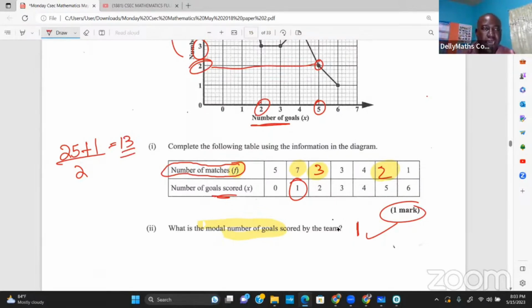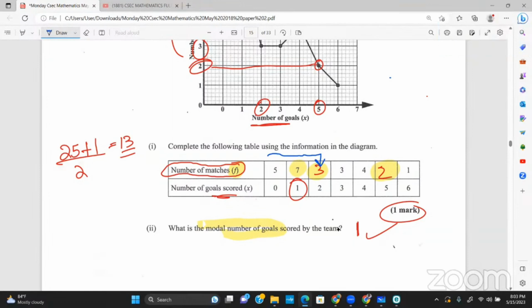median lies. So in blue, we're going to count from left to right and then right to left. Let's go left to right. We're going to keep adding, do a cumulative check until we reach or pass 13. 5 plus 7, not 13 yet. But by the time we add 3, right here, oh, all right.